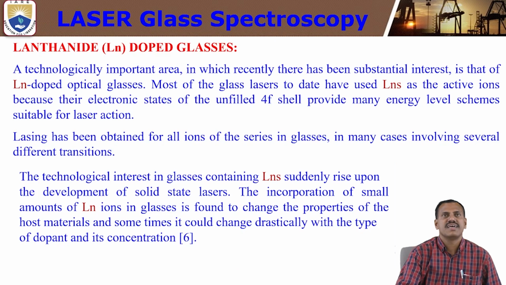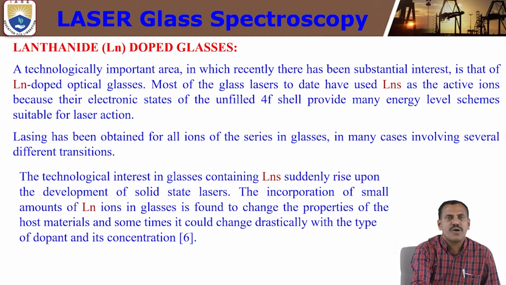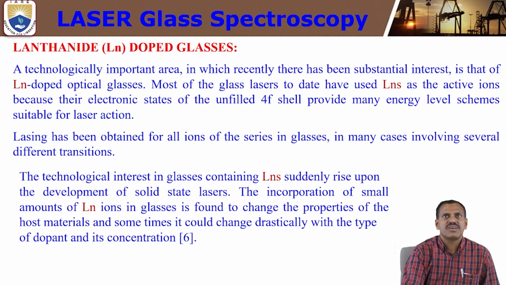Next, coming to lanthanide doped glasses. A technologically important area in which there has recently been substantial interest is that of lanthanide doped optical glasses. Most glass lasers have used lanthanides as the active ions.